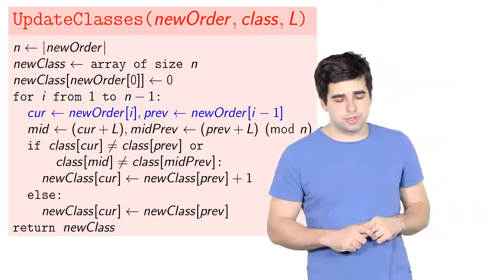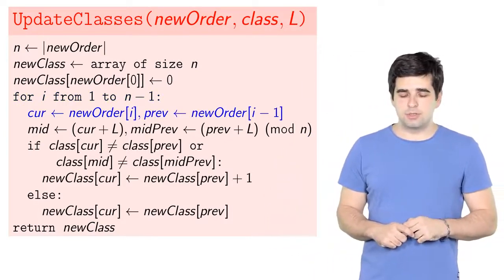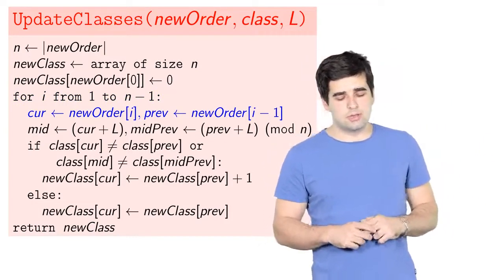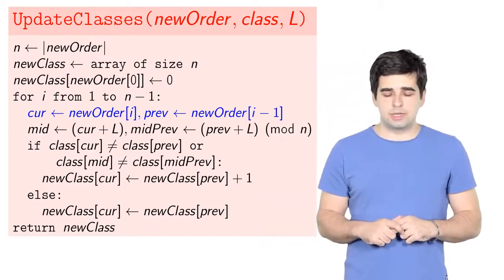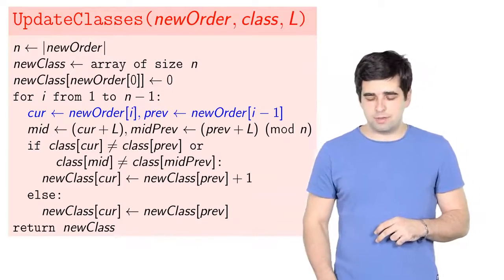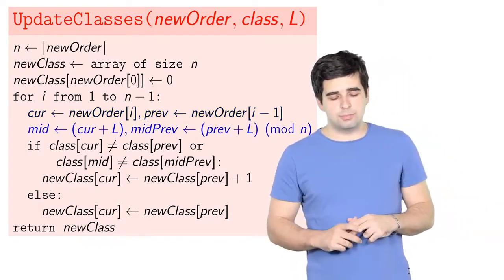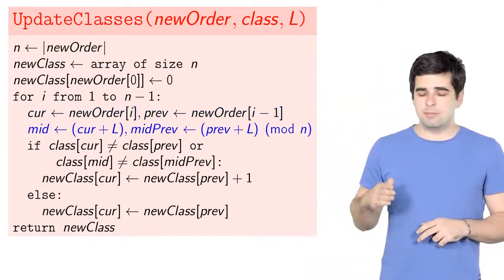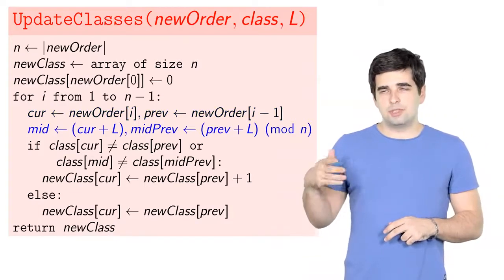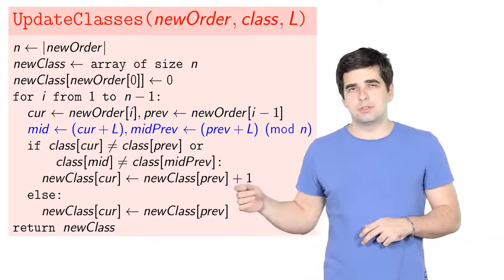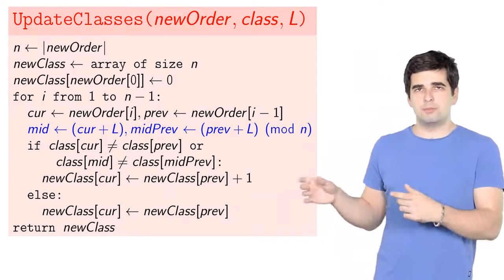To do that, we first compute their starting positions. Cur is the starting position of the doubled cyclic shift number i, and prev is the position of the previous one. We also need to compute the positions of their middle, where their second half starts. So we need to compare them half by half.